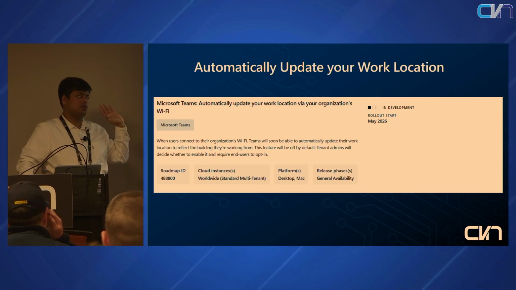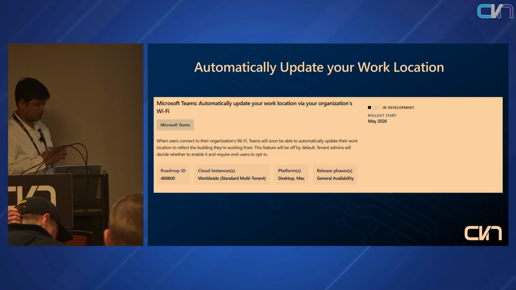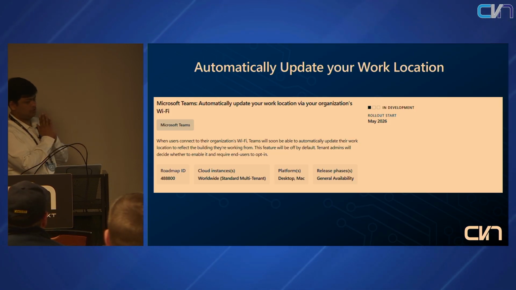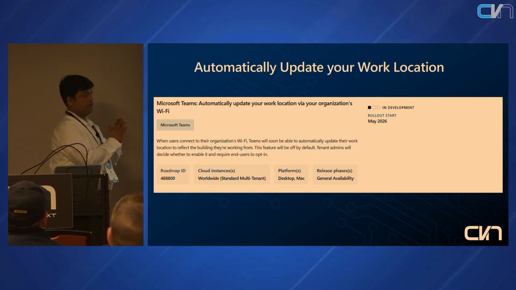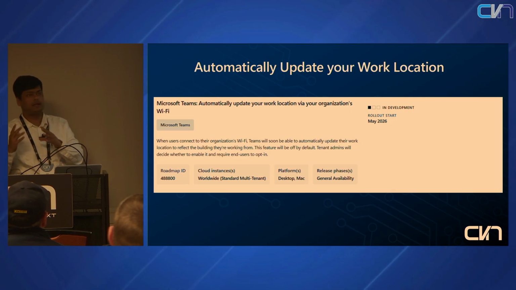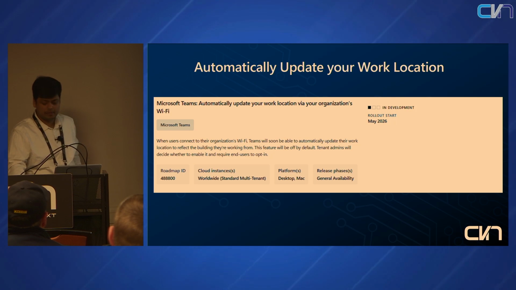This feature, if just turned on, would not give the information to your admins or to your supervisor or your boss that way, oh, he's working from this location. If you're working from an airport, it won't give that location information to your admin or anyone else.